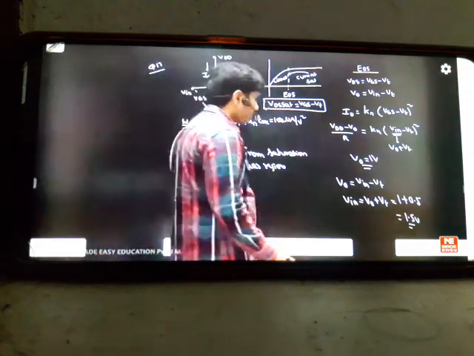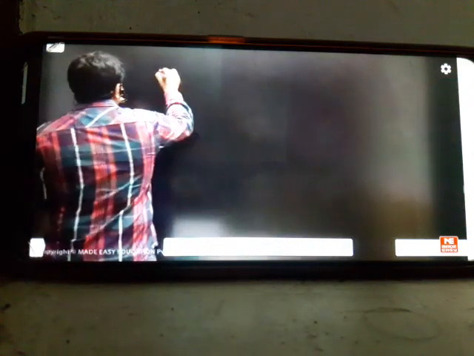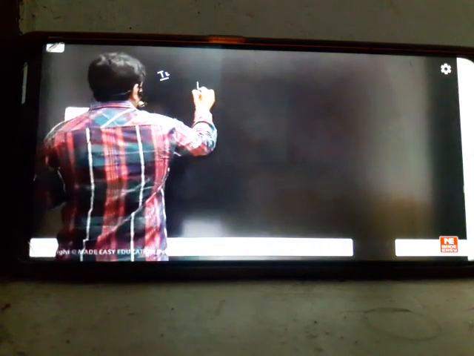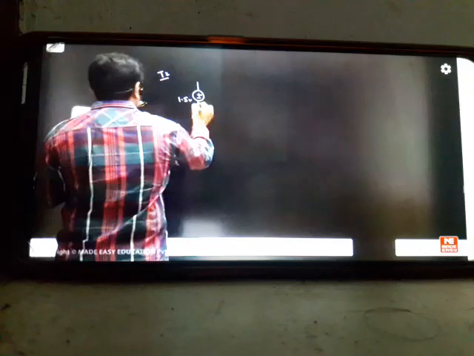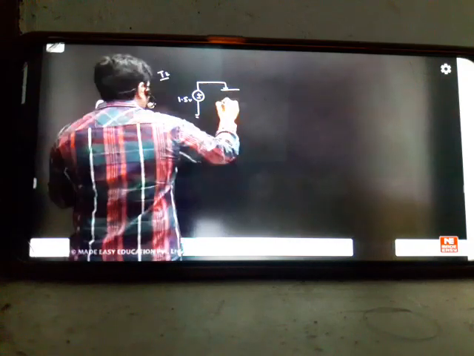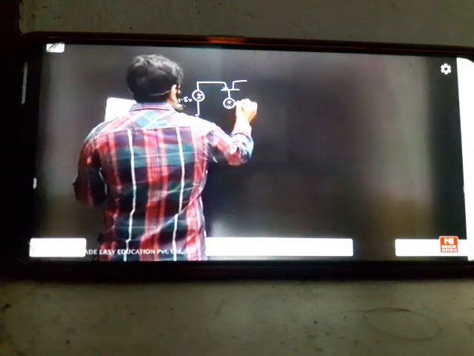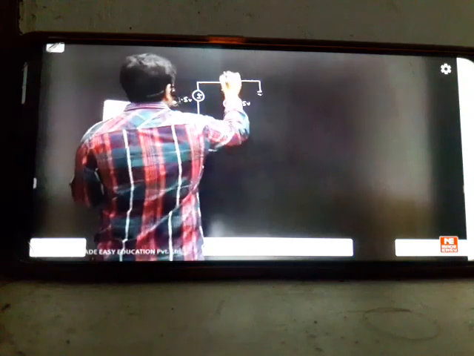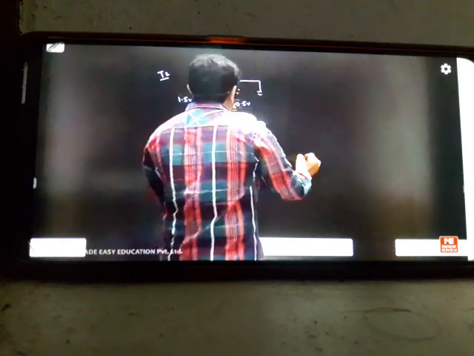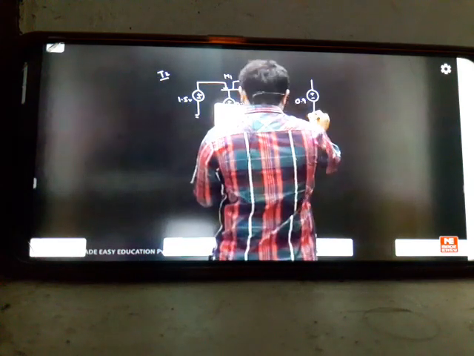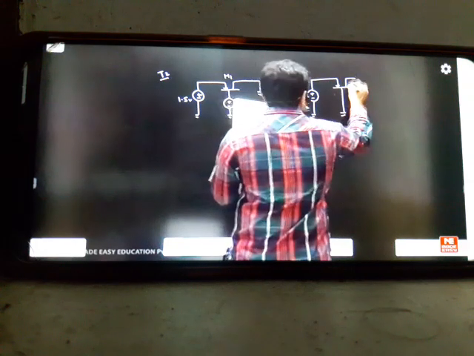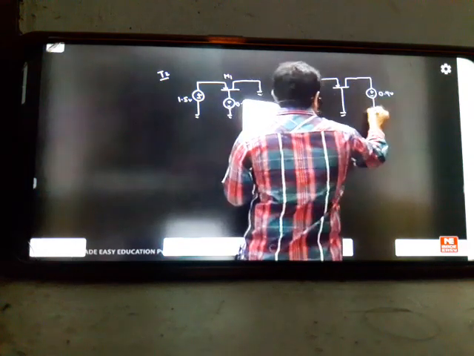He has given one MOSFET like this, 1.5 volts. This is M1. And the second MOSFET he has given as 0.9. Like this he has given.